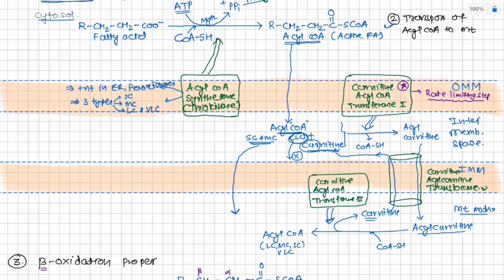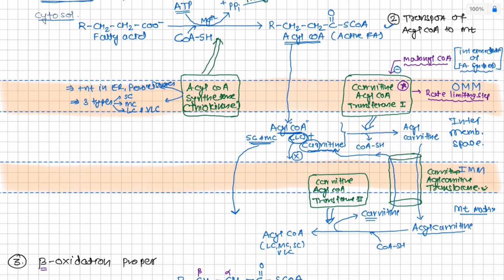So this particular enzyme is inhibited by malonyl coenzyme A. Now you might be thinking, what is malonyl coenzyme A? Malonyl coenzyme A is actually an intermediate of fatty acid synthesis. So basically whenever fatty acid synthesis is going on, at that time malonyl coenzyme A level increases and it inhibits this particular rate limiting step of beta oxidation.